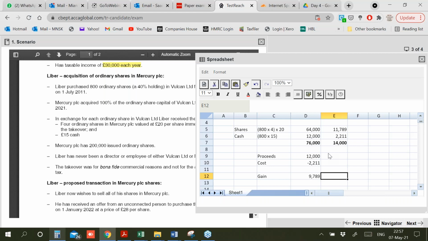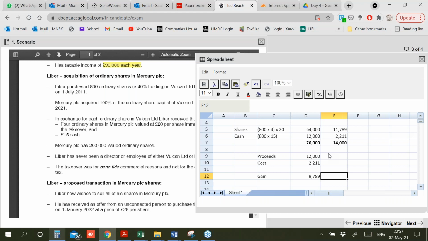For example, in our question, Liber has decided that she is going to sell all the shares of MPLC. However, if she decides to keep those shares, there will be no chargeable gain this year. However, whenever a takeover happens, the cash gain will become chargeable immediately. So you have to remember that this gain will be immediately chargeable.